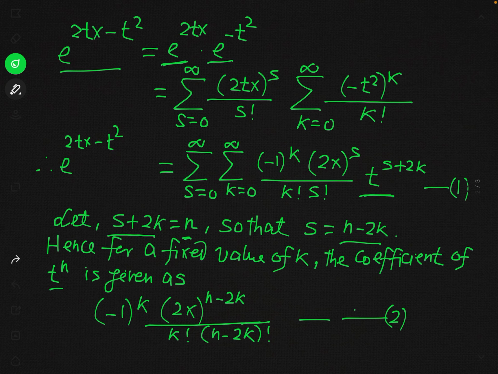You can easily see that the coefficient of t raised to the power n will be simply this much, minus 1 raised to the power k, times 2x raised to the power s, but s is equal to n minus 2k, so I have written here n minus 2k instead of s, and over k factorial, and s is again n minus 2k, so instead of s we have written n minus 2k factorial. So this is the coefficient of t to the power n.